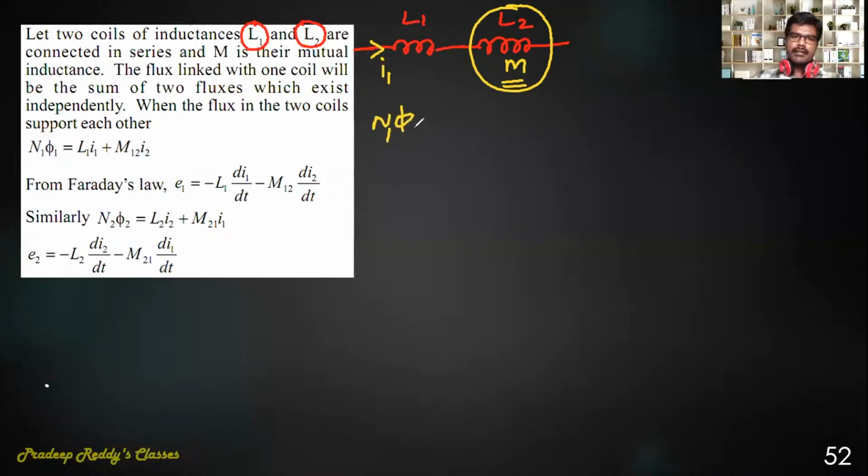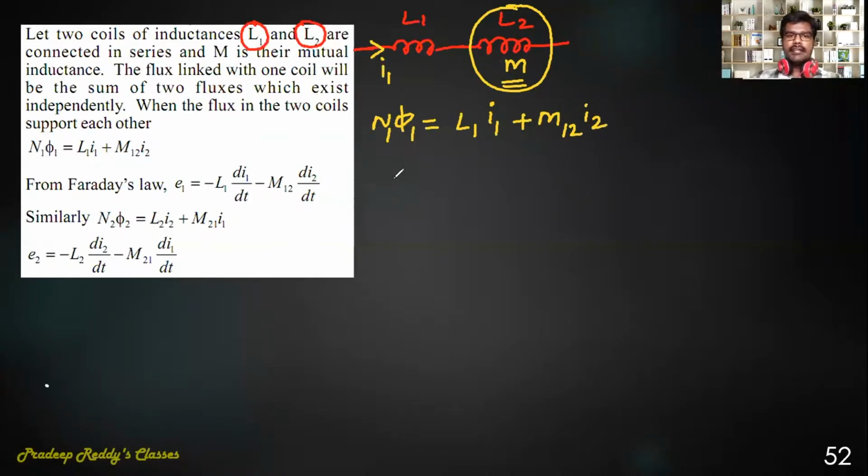Flux change in the first inductor is equal to its self-induction plus mutual induction. Its self-induction is L1 I1, because of the current passing in its own coil, and because of mutual induction it is M12 times the current passing in the second one. This is N1 phi 1.